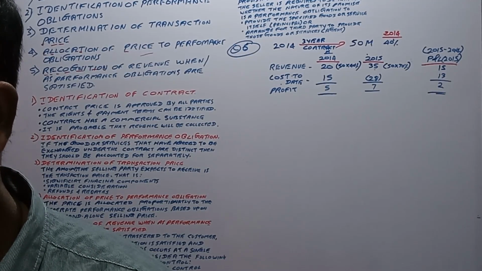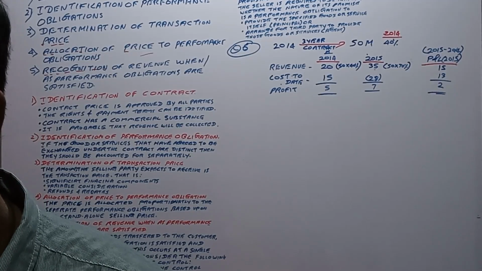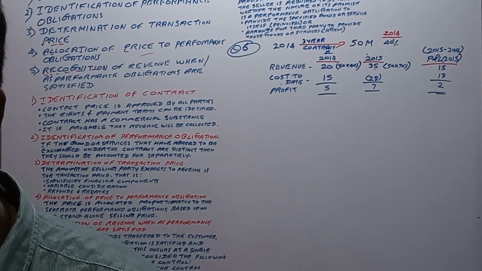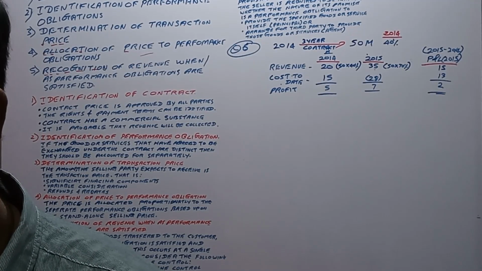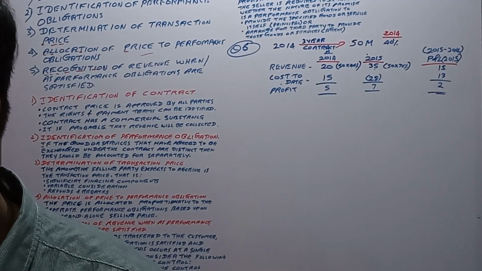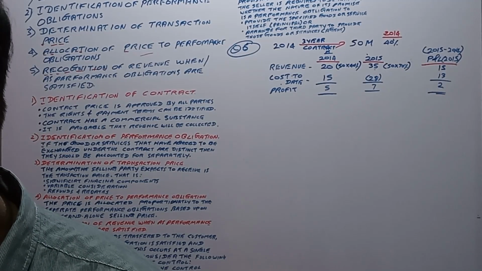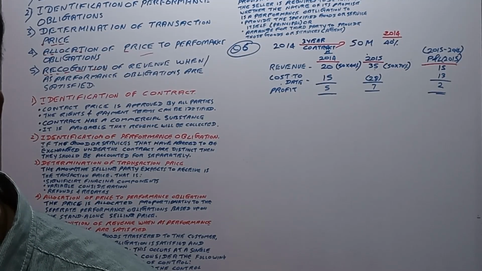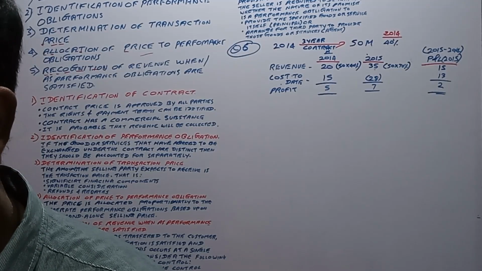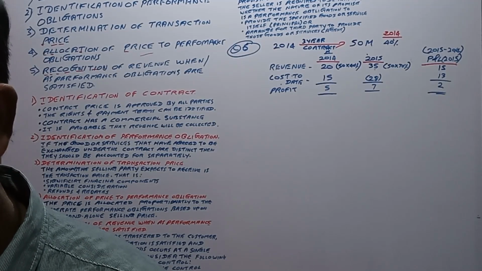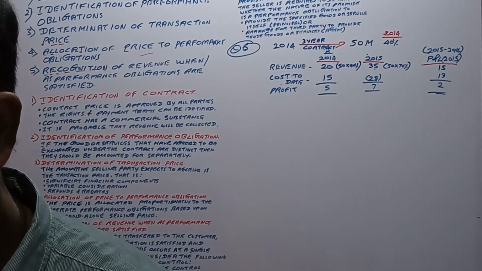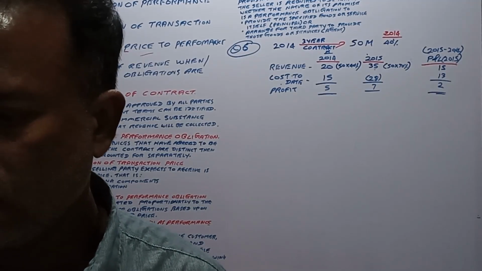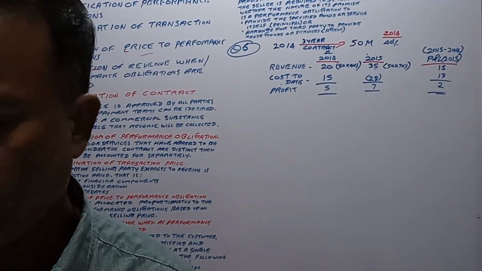At the end of 31st December 2014, the costs incurred to date are 15 million and the contract is estimated to be 40% completed. At 31st December 2015, the cost incurred to date is 28 million and the contract is estimated to be 75% complete. Umesh has invoiced the customer for work completed to date as follows.